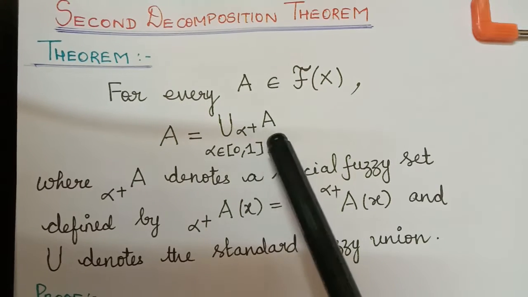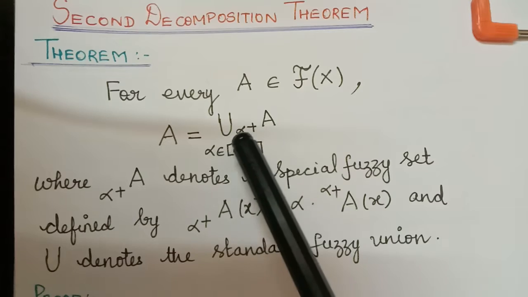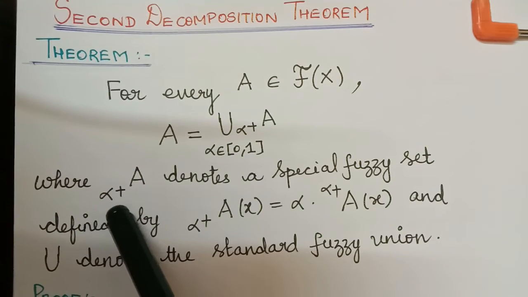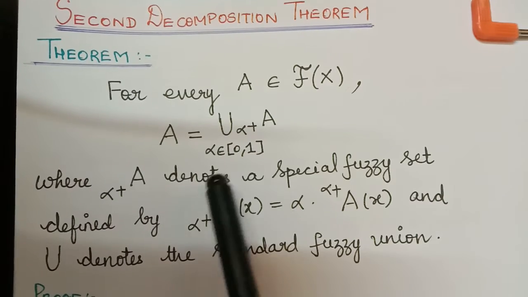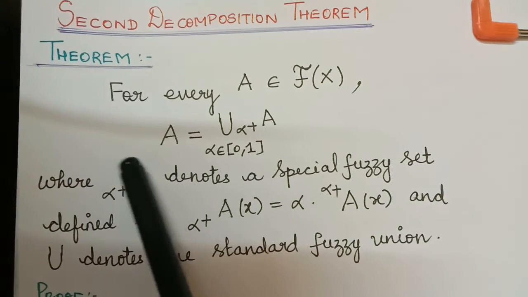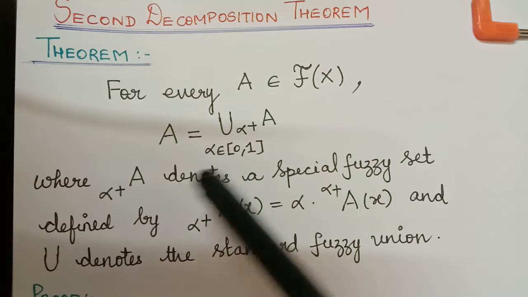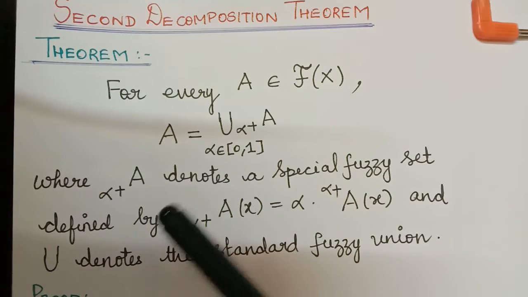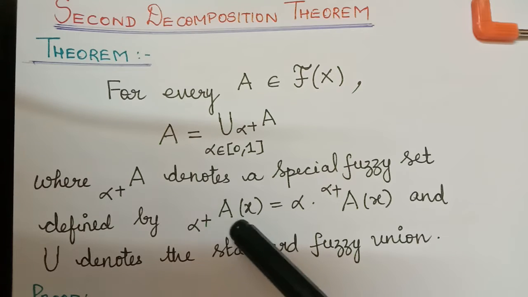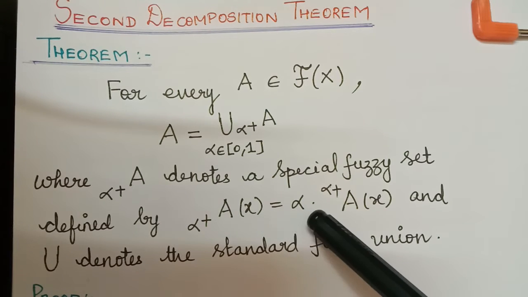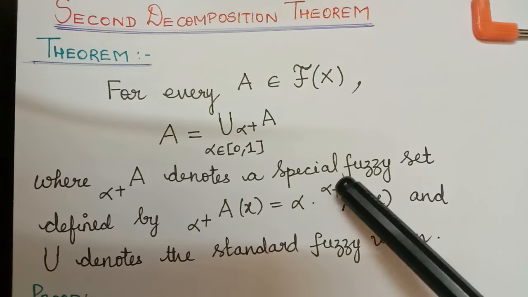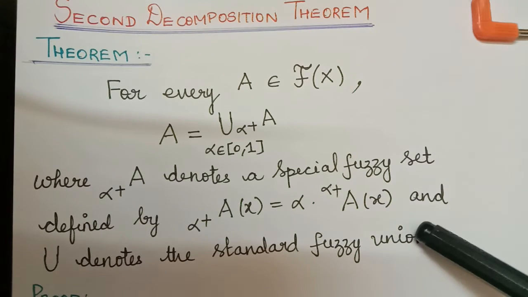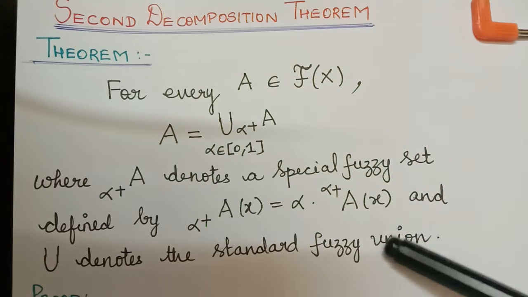The special fuzzy set is with respect to the strong alpha cut, and it is given by the strong alpha cut special fuzzy set of A at x, equal to alpha multiplied with the strong alpha cut of A at x, and the union denotes the standard fuzzy union. We shall now see the proof of this.